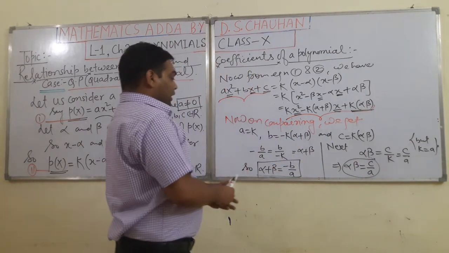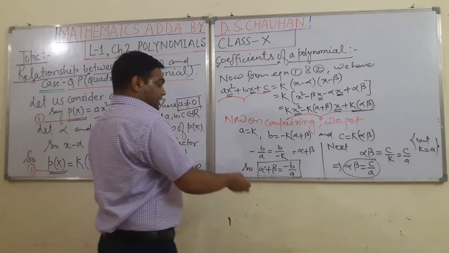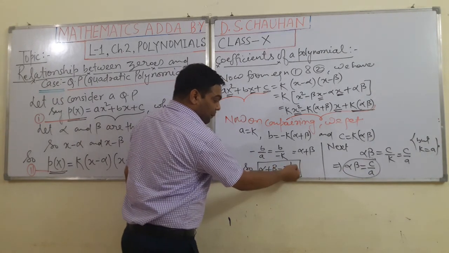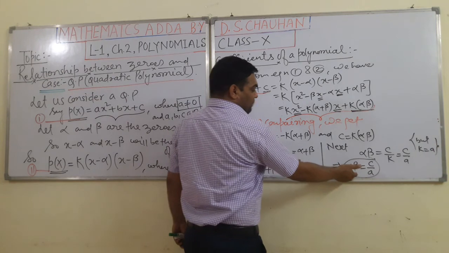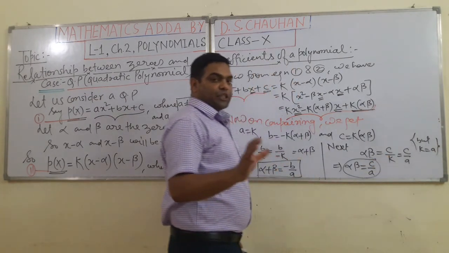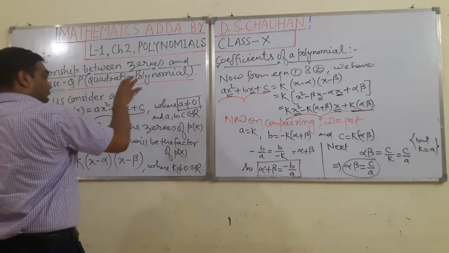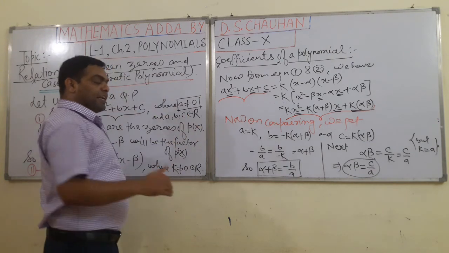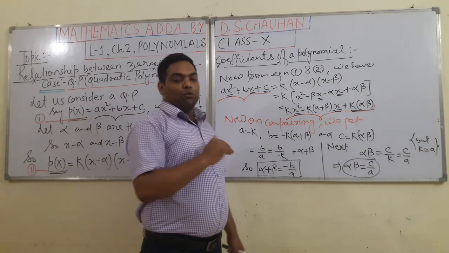In this way, students, we have two important results: the sum of the zeros is minus coefficient of x upon coefficient of x square, and the product of the zeros is constant term upon coefficient of x square. With the help of derivation, I hope all of you are perfectly satisfied from where you are getting the sum of the zeros and product of the zeros and their formulas.